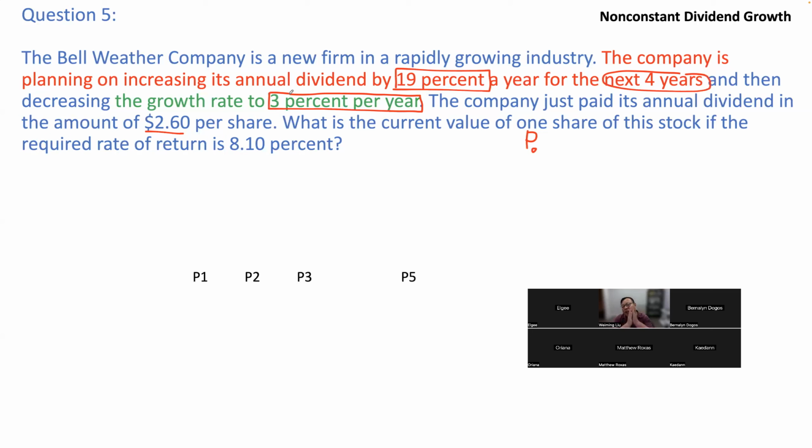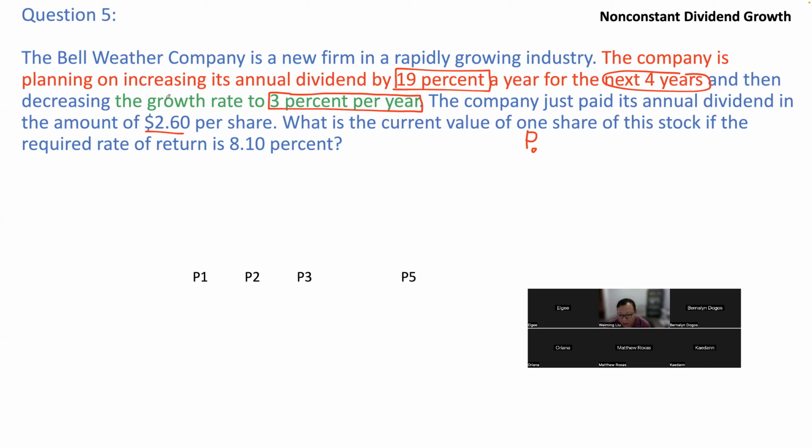You may have some really strong years, but after those strong years, maybe the business is at a steady but lower pace, so the growth is now lower, 3%. That's possible. But here's the problem: this is not a constant dividend growth rate model, because the growth rate is different. So how are we going to deal with this?